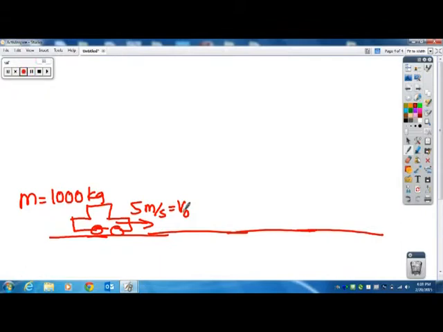So you have a car that has a mass of 1,000 kilograms and its initial velocity is 5 meters per second, and this car accelerates.